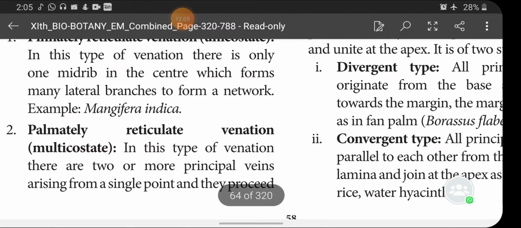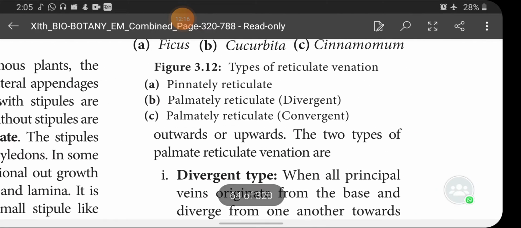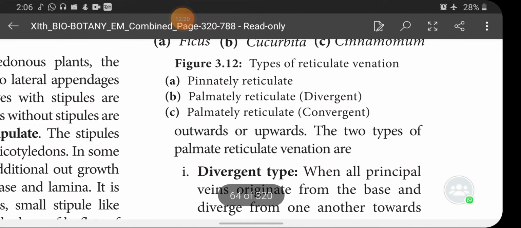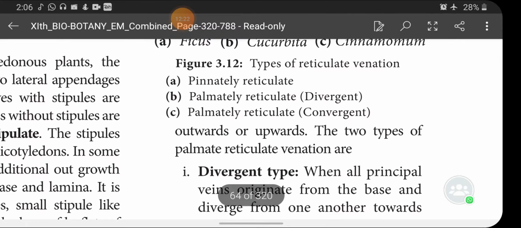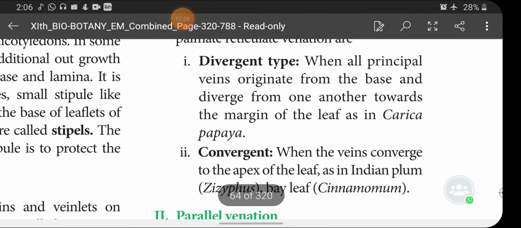In palmately reticulate venation, there are two or more principal veins arising from a single point and they proceed outwards or upwards. The two types of palmate reticulate venation are divergent and convergent.